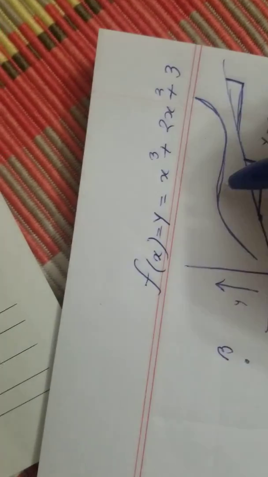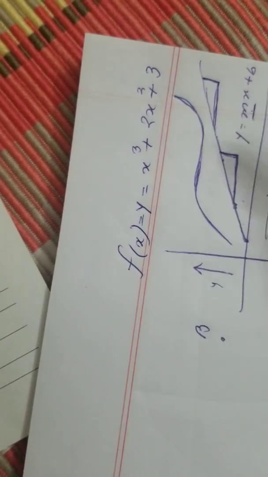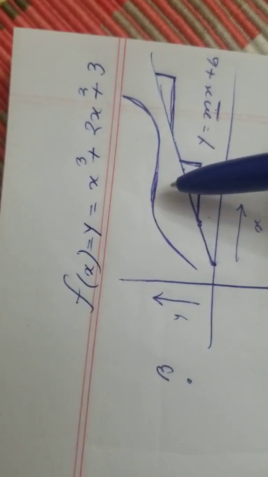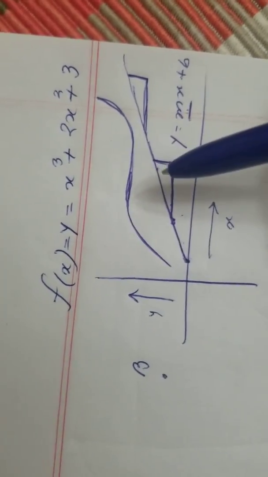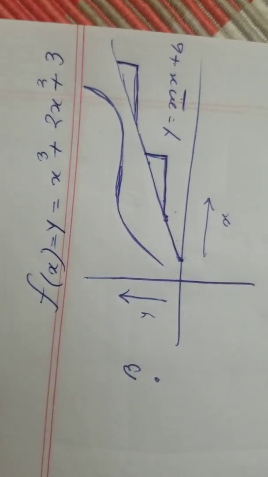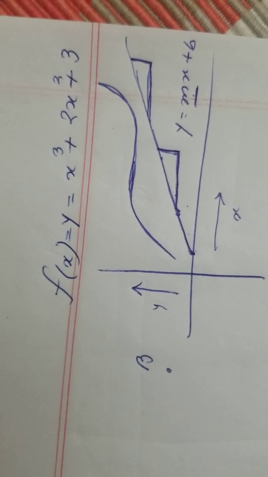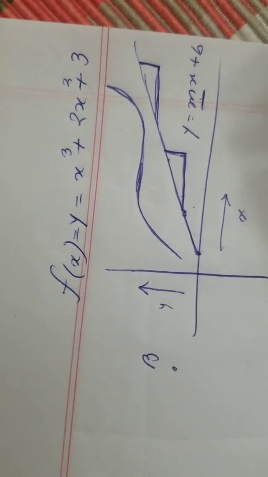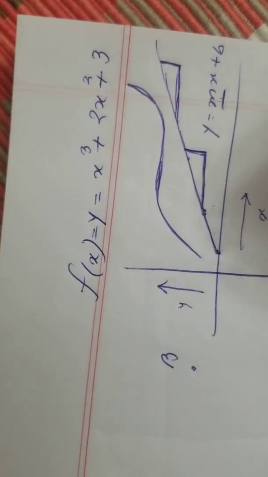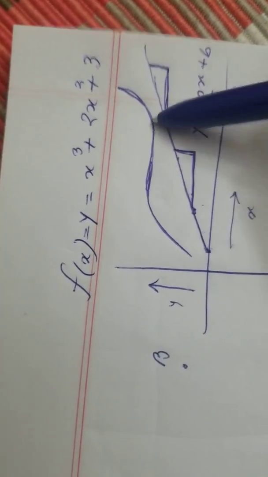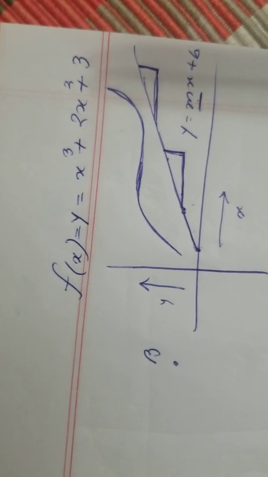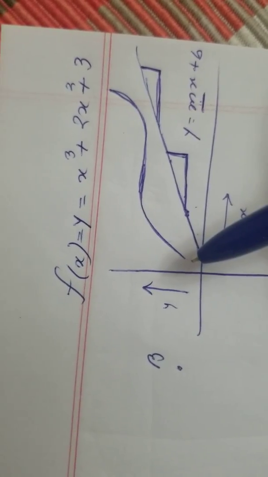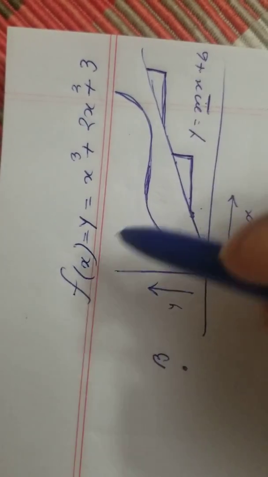If I tell you to draw the slope of this curve, where are you going to draw it? Every point on this curve has a different slope. Exactly. So there's really no single slope of this curve. It has multiple slopes.